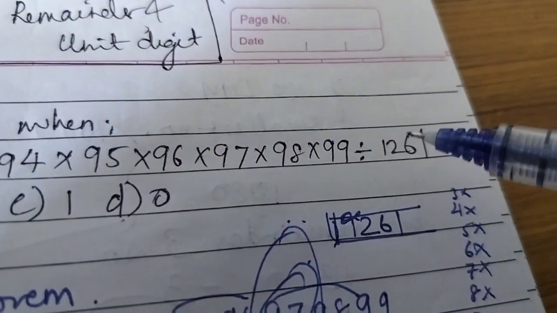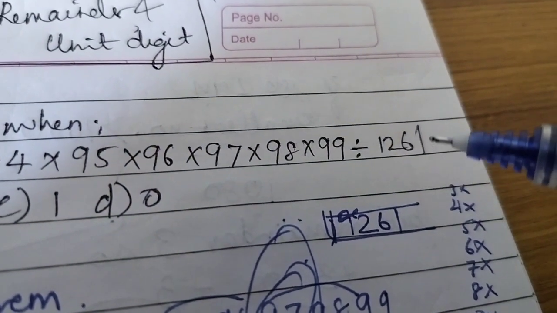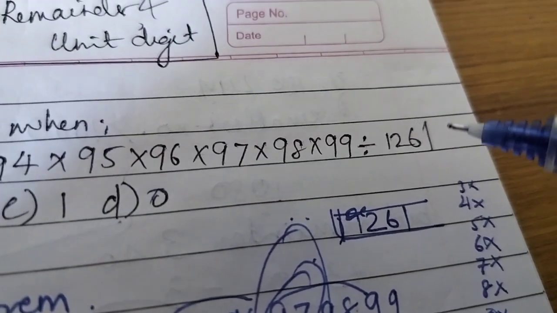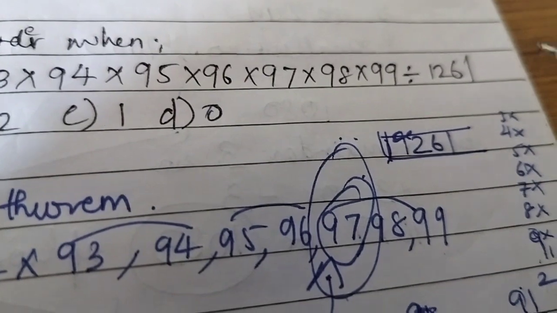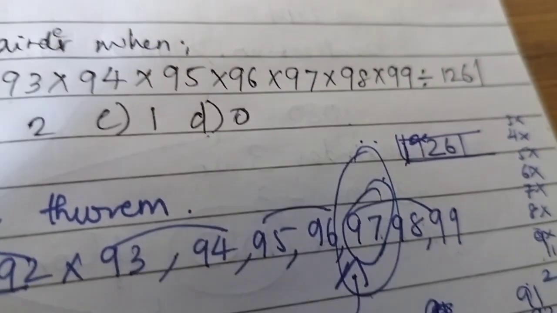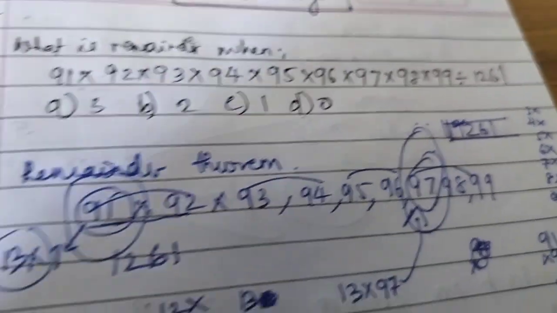If this had 10 in it, like 100 or 10, it would have easily cancelled. But unfortunately it's not there.